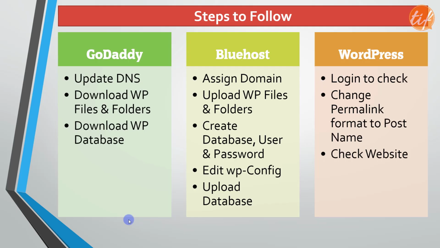So if you see the steps here, the first part where we have to do things on GoDaddy is now done. Now we'll move to Bluehost and do all these things that are listed here. First of all, we need to do the domain assignment. So let's go to Bluehost and log in.